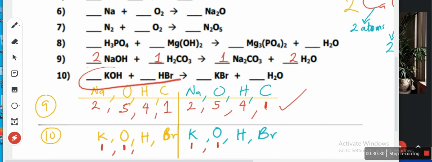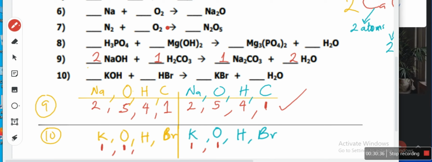For the reactant side, we have one here plus another one here, altogether two. So that gives us two. Then we come to the product side. How many atoms of hydrogen? Here we have two.